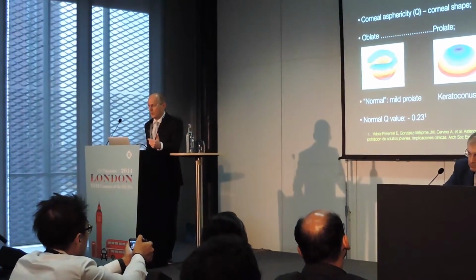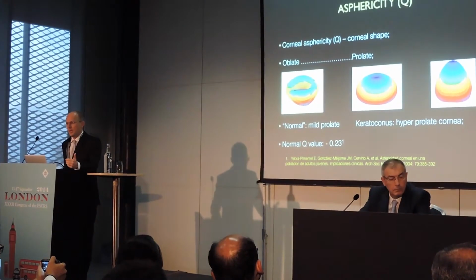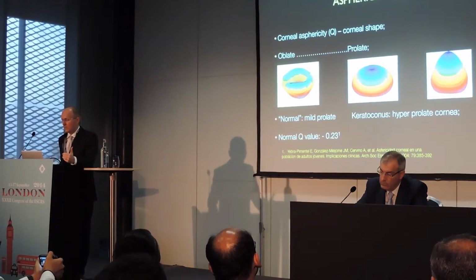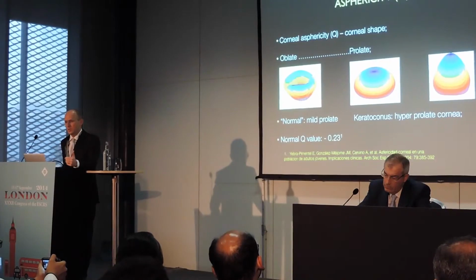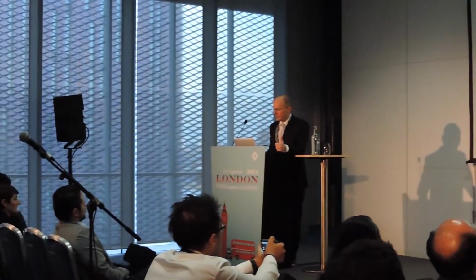It has been established that the normal Q value, or normal value for sphericity, is minus 0.23, and it is very important to have this value in mind because this is going to be our target Q value after the ring implantation. So the corneal sphericity ranges from oblate, in which the Q value is positive or 0. In more advanced cases of keratoconus, the Q value is more negative, the cornea is more prolate.